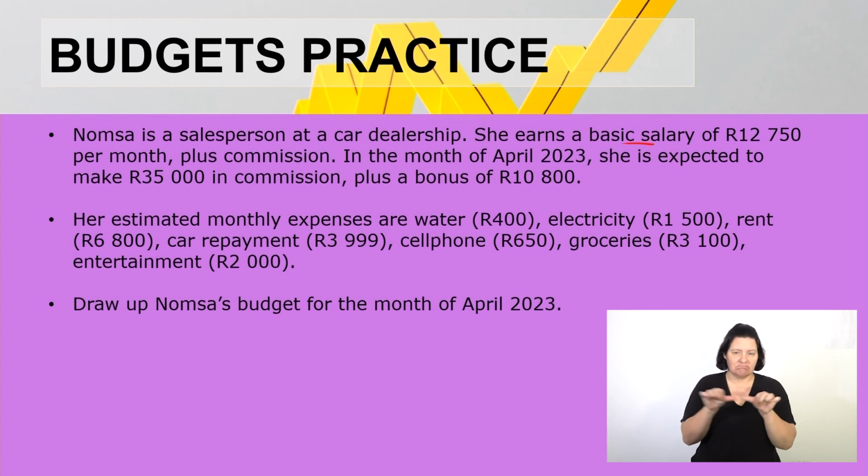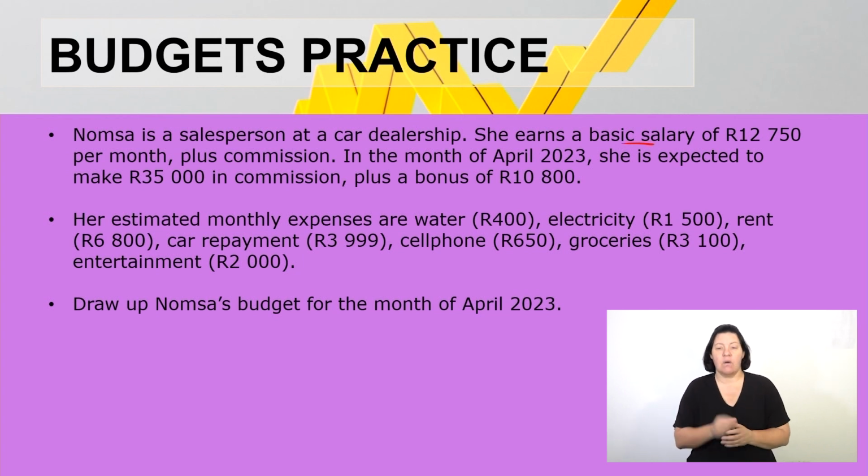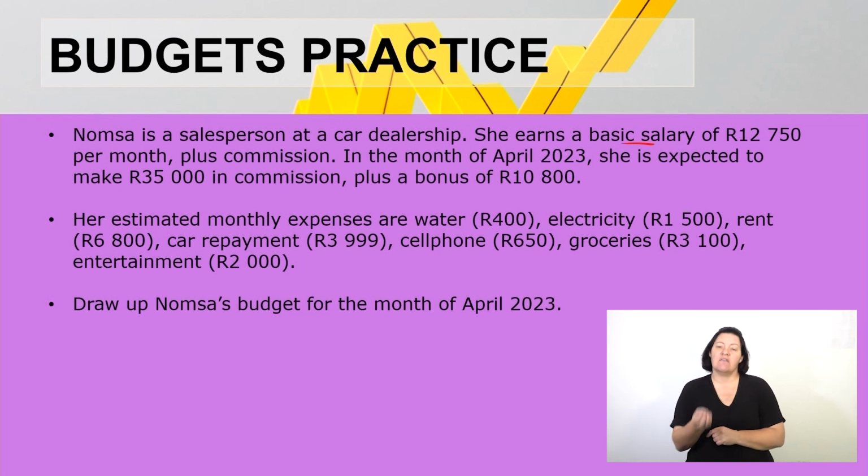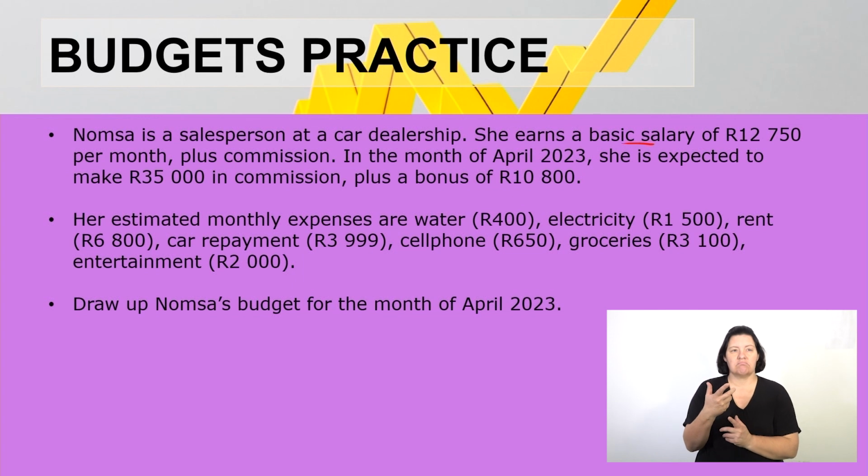Her estimated monthly expenses are water, that is 400 Rand, electricity 1,500 Rand, a rent of 6,800 Rand, car repayment of 3,999 Rand, a cell phone of 650 Rand, groceries 3,100 Rand, as well as entertainment of 2,000 Rand.